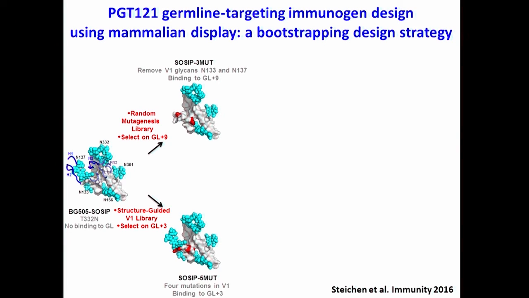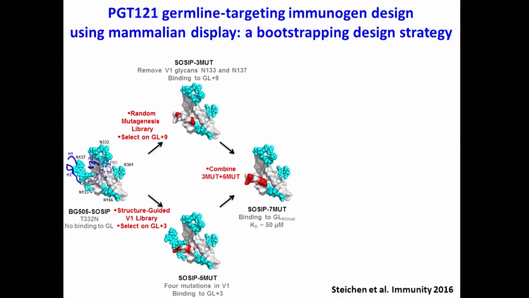And I also screened another structure-guided V1 loop library against a germline +3 antibody, so it's 3 mutations away from the germline, and that pulled out this molecule that we call 5-mut, which had binding affinity for this germline +3 antibody. We still didn't have binding to the germline though, but when we combined the mutations from these 2 molecules, we ended up with this 7-mut that has weak binding affinity for the germline.